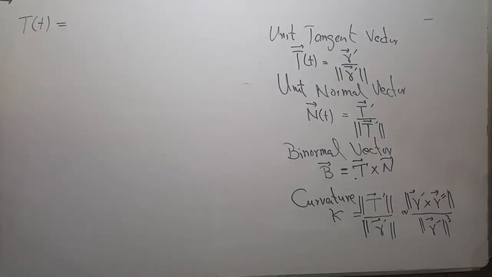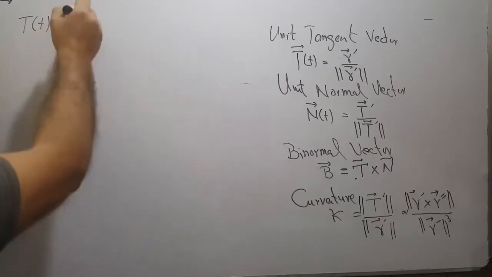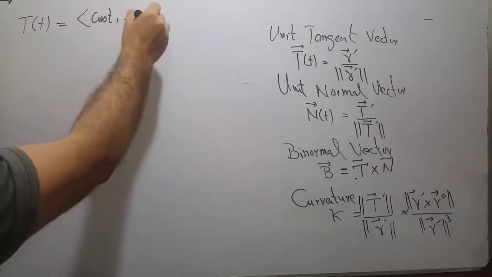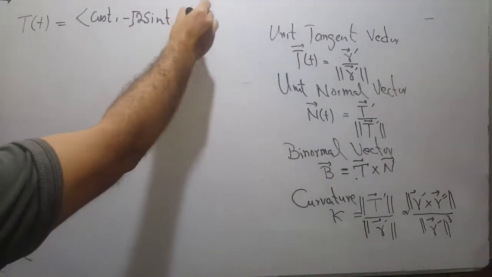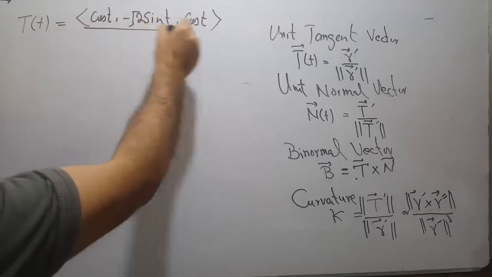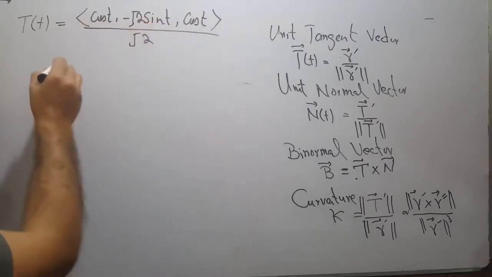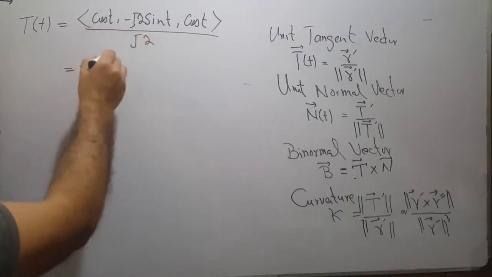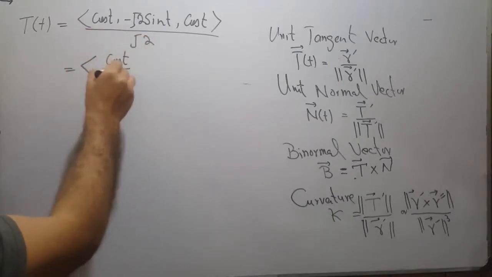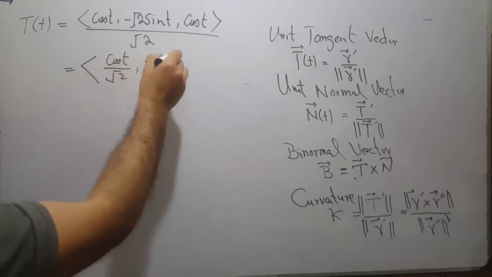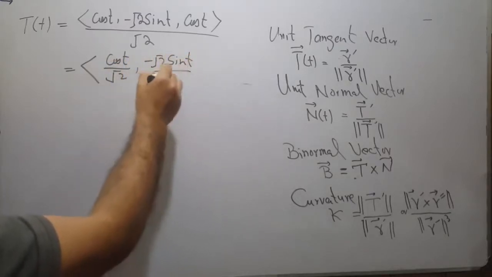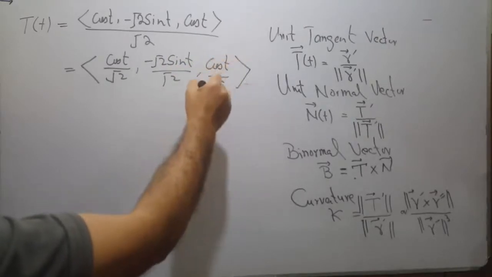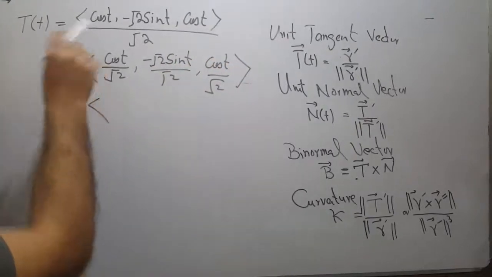So now substituting the values for r prime of t, which was cos t, minus square root 2 sine t, and cos t, divided by square root 2. You can divide each of them by square root 2, or you can just leave it like that.